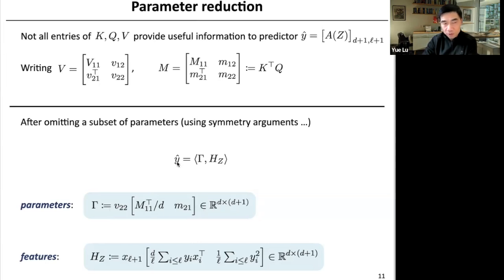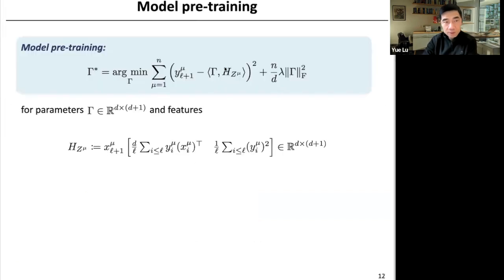The final prediction is just a linear inner product between gamma and H, which we call the feature matrix. Okay, so this is the setup. And then the training problem target is a least squares fitting.